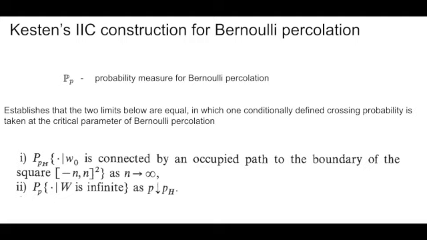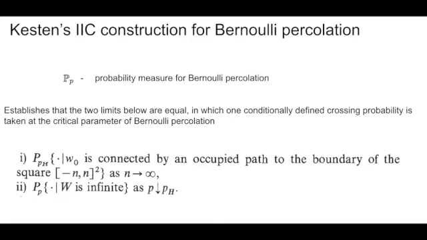And he wants to establish comparisons and demonstrate that the limit given in item 1 corresponds with the limit given in item 2, in which he wants to look at P_p. That is to say, he wants to look at Bernoulli percolation with some parameter p, but for a supercritical choice of p, because he wants to approach the critical point of Bernoulli percolation, a half, from above.